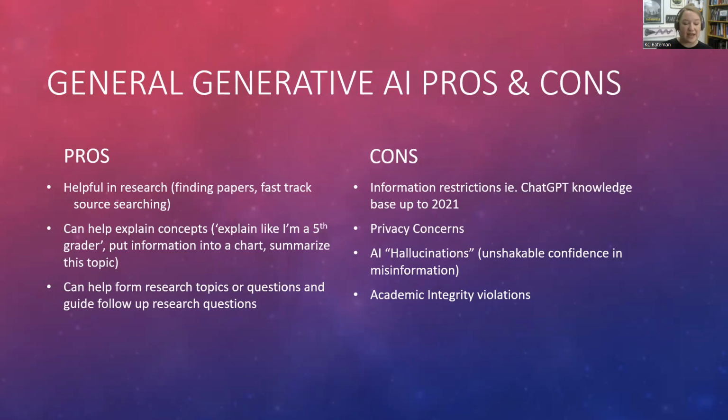So if you've asked it about a certain time in history, say you want to know a little bit about Louis Riel, who has a lot of Manitoba history tie-in, you can ask ChatGPT to summarize Louis Riel's life or why he was so important to Manitoba, and only give you those bullet points. It can also help form research topics or questions and guide follow-up research questions.